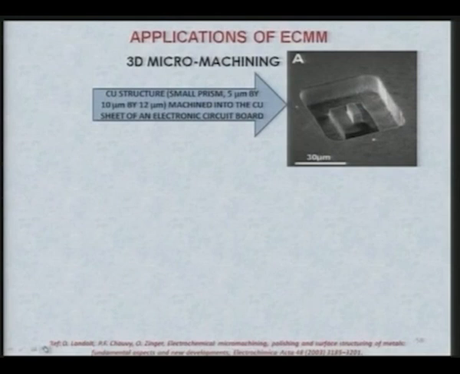A copper structure, a small prism 5 micrometer by 10 micrometer by 12 micrometer, machined into the copper sheet of an electronic circuit board. You can see the scale given over here for 30 micrometer, so the sizes of different parts of this cavity and projection can be evaluated.